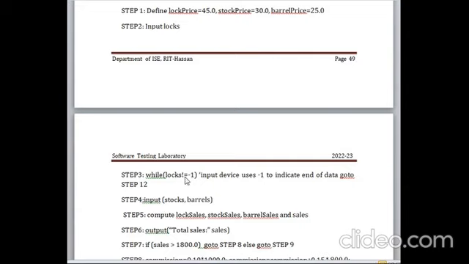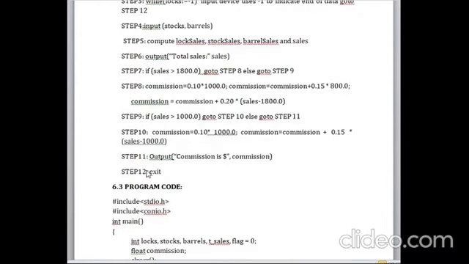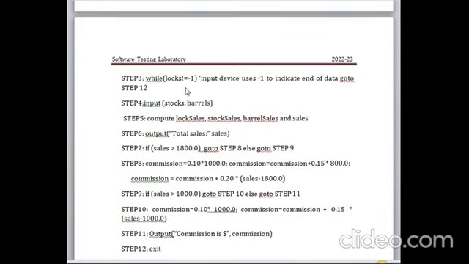So lock -1 means we exit the program, because there is no input of locks. If the input of locks, stocks, barrels is there, we compute the total sales of locks, stocks and barrels. So we get the output in step 6, that is the total sales.